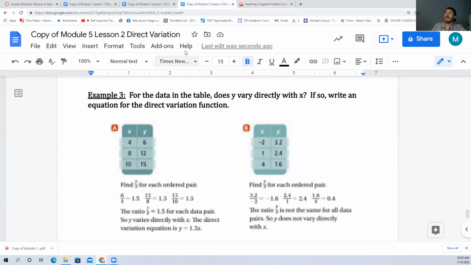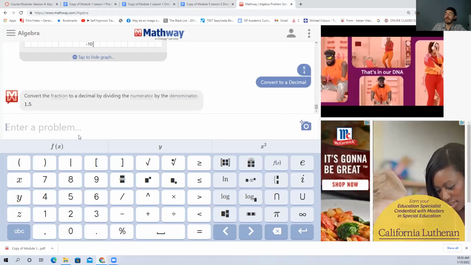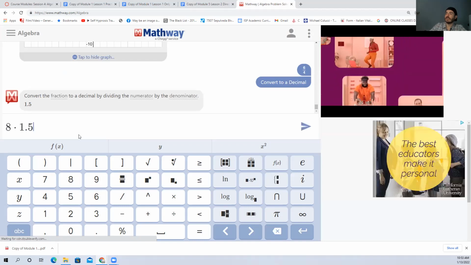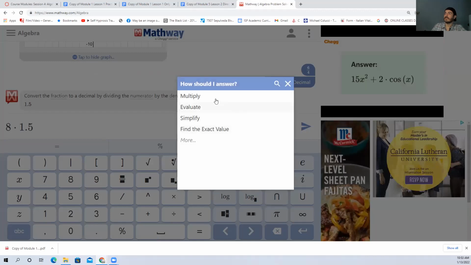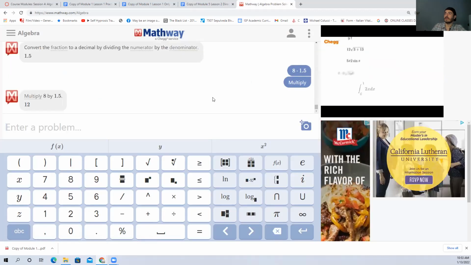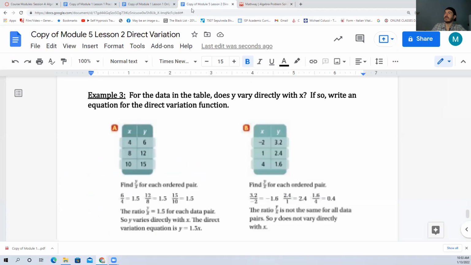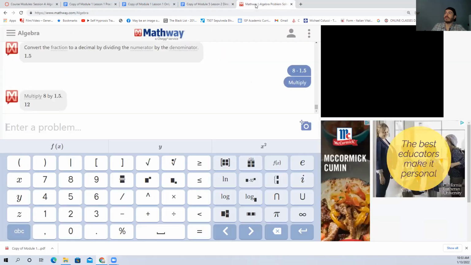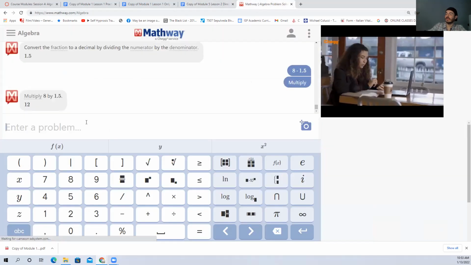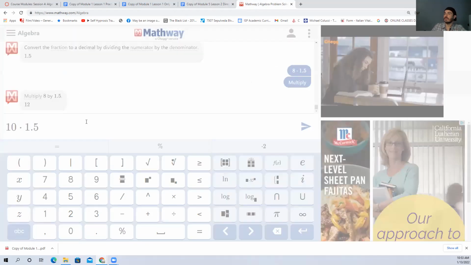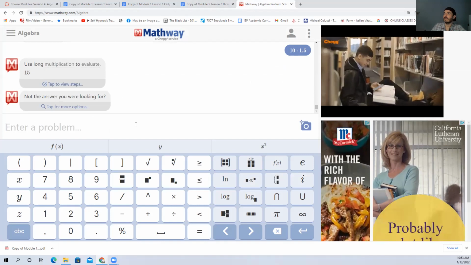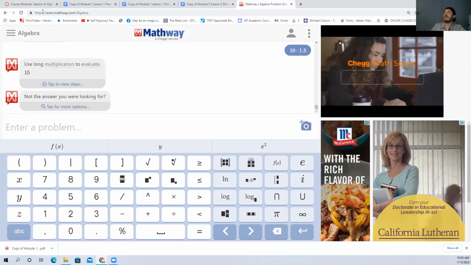What do you need to multiply 8 by to get to 12? Or is 8 times 1.5 also 12? It is. Okay, that's a good sign. And what's 10 times 1.5? 15.